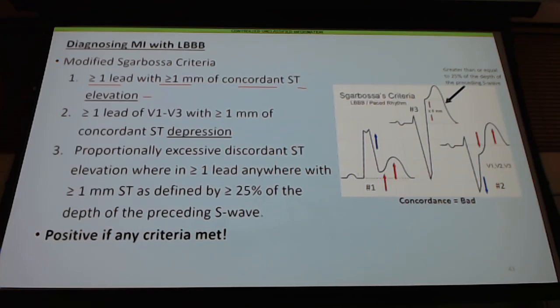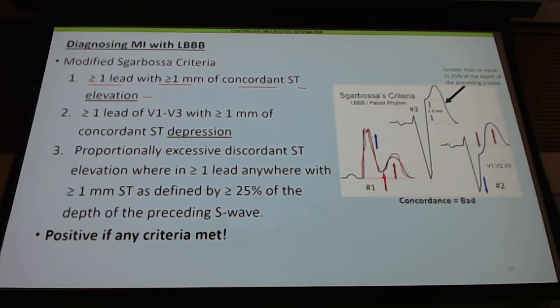So what does that look like? If my QRS abnormal depolarization is in the upward direction, and I have that 1 millimeter elevation of my T wave in the same direction, so I have concordance, then that is a STEMI. Concordance is bad in an abnormal depolarizing setting.